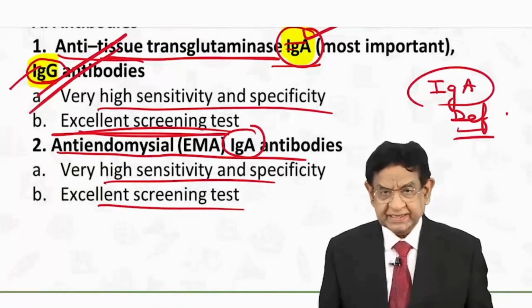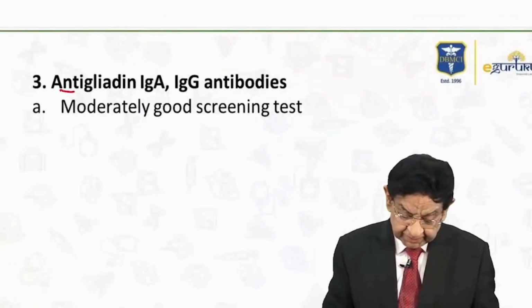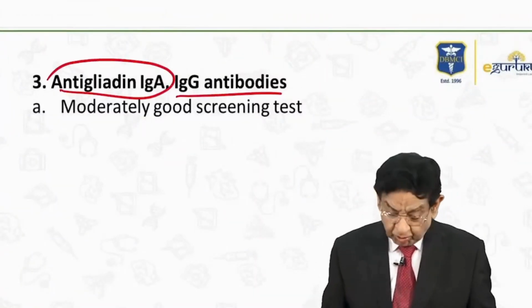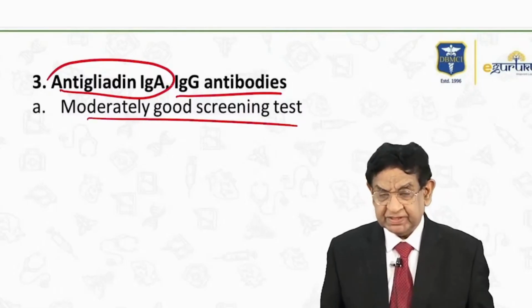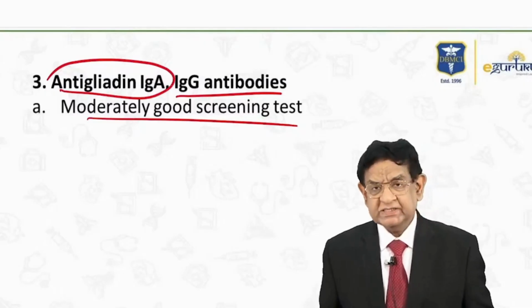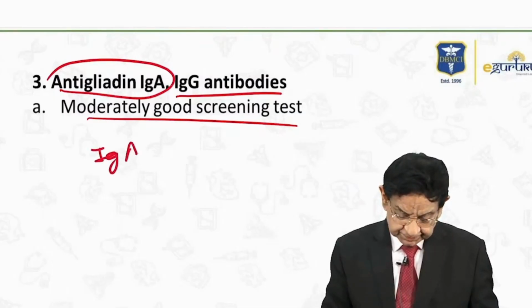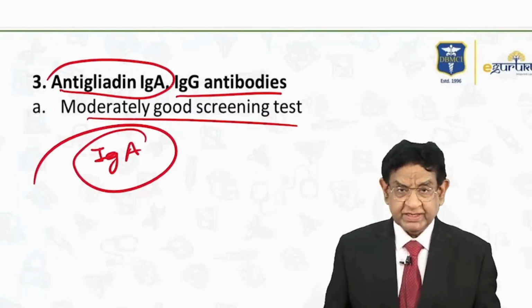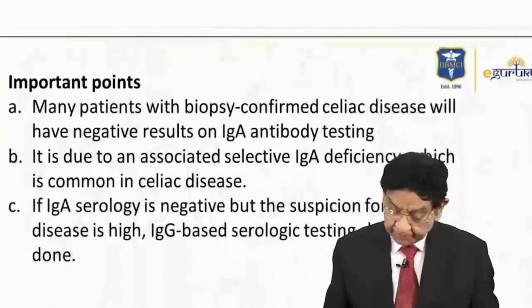We have anti-gliadin antibody, which is IgA and IgG also, but it is moderately sensitive, not as sensitive as the previous two. Anyway, of the three antibodies I discussed, all of them are IgA antibodies. Okay, with this background of the three antibodies, we move on to important points.